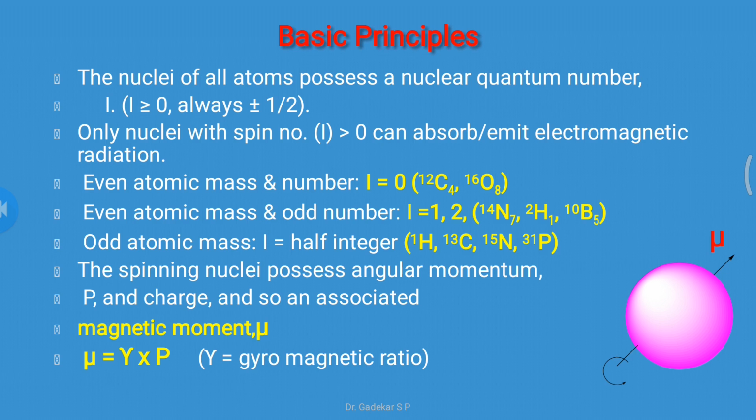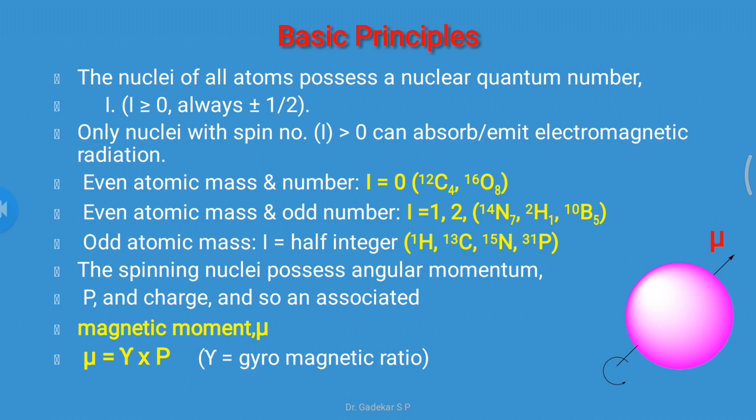Example: C12, carbon 12. Oxygen has atomic number 8, which is even, and mass number 16, also even. With even atomic mass and even atomic number, the spin quantum number I is equal to 0 and they are NMR inactive. Example: carbon 12 and oxygen 16.